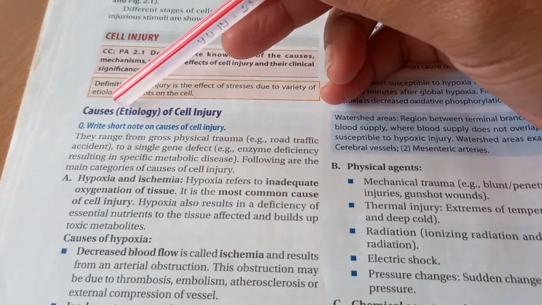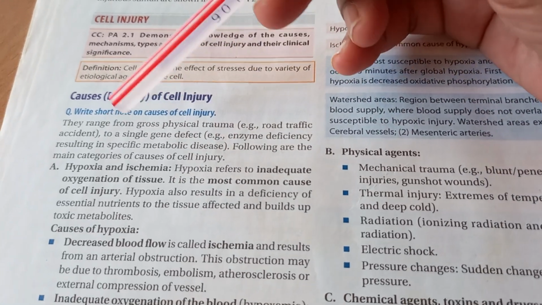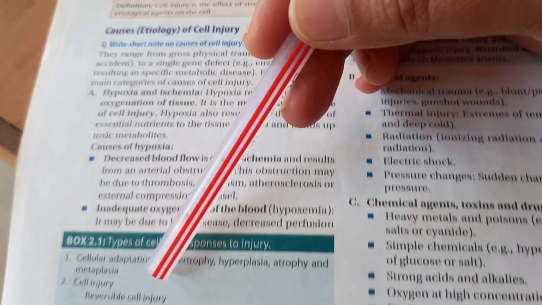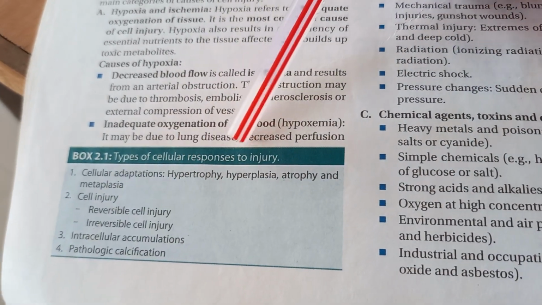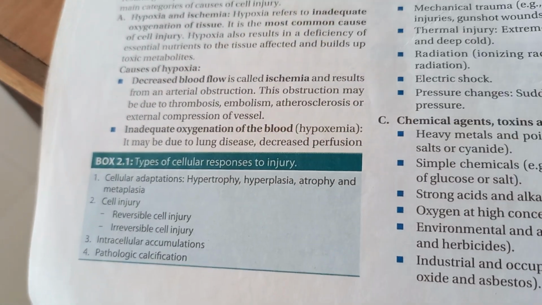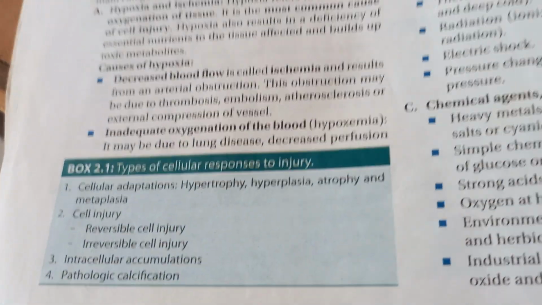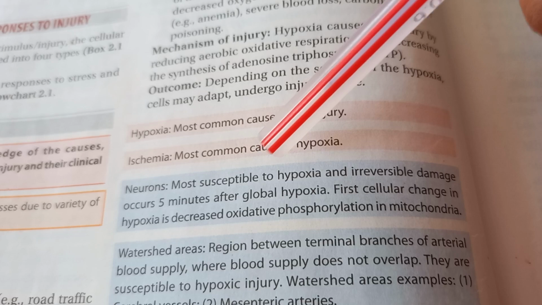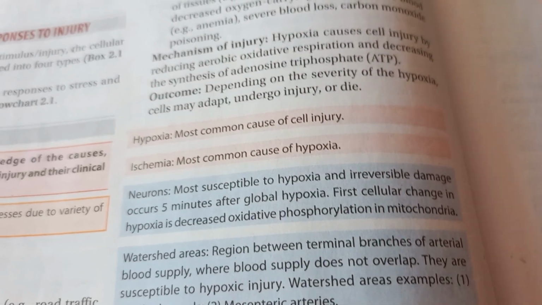Okay, here is a question: write a short note on causes of cell injury. Hypoxia will cause cell injury, ischemia. Types of cell injury response, cellular response to injury, that we don't want. We want the causes. The most common cause of cell injury is hypoxia. Then the most common cause of hypoxia is ischemia.